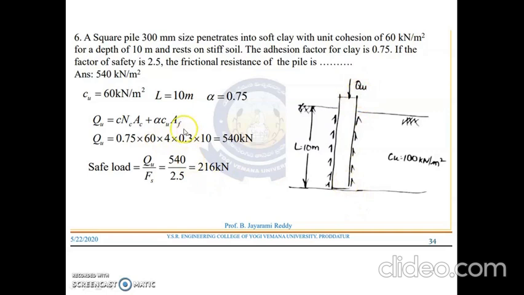So 4 times the width, which is 0.3 because it is 300 mm, so in terms of meter it will be 300 divided by 1000, which is 0.3 meter, into length is 10 meter. So we get Qu as 540 kilonewton and safe load as 540 divided by factor of safety, that is 2.5, which is equal to 216 kilonewton.